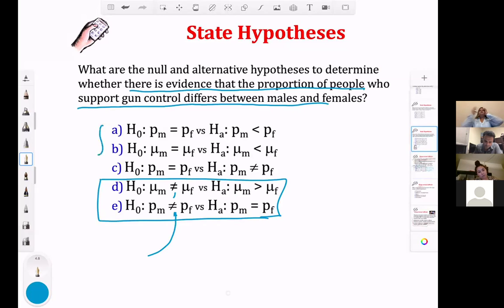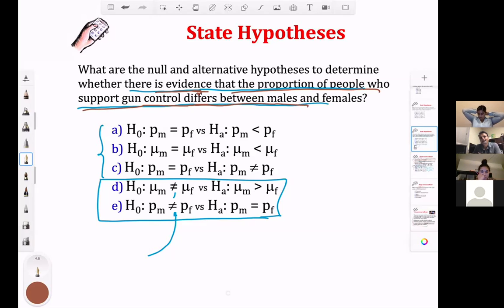Now between these three, which one do you pick, which one do you think is the best, the way we are reading it? Would it be C? Yes. They said there's evidence, so we're talking about the alternative hypothesis, that the proportion of people who support gun control differs between males and females.